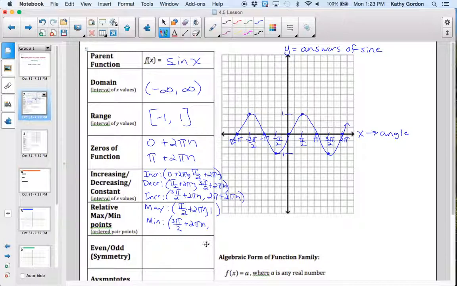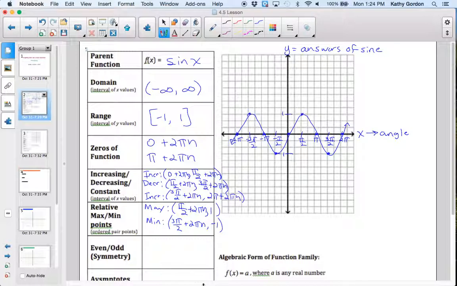But then what's my y value going to be? Negative 1. Negative 1, and it just is negative 1 every time. So y doesn't change. And this one we really can't just say, can't I just say pi over 2 and then plus pi n every time? No, because the next pi is a min, not a max. So this one we really do have to write this way.